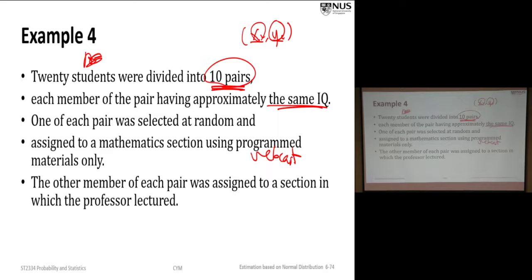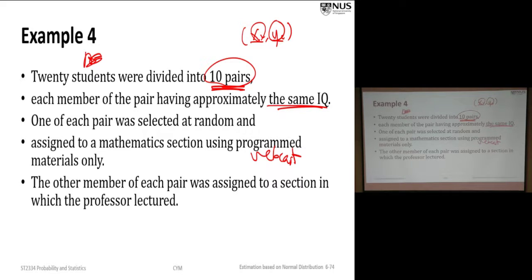So we want to compare these two teaching methods. One way to do it is to select students and assign a group of students to the programmed materials method, and the other group to the lectures method. So that is two independent samples.